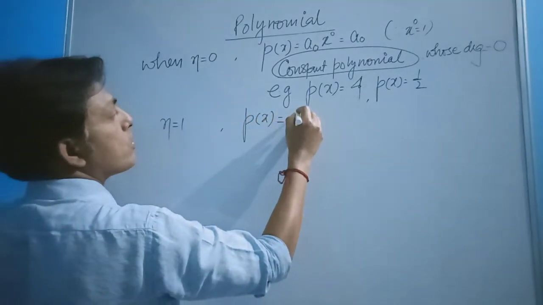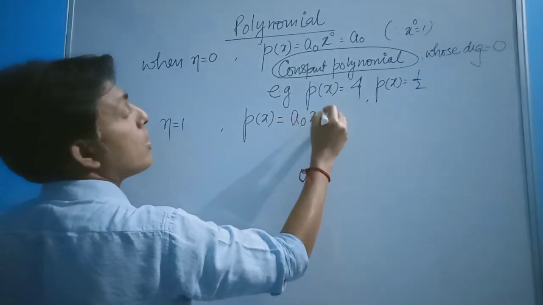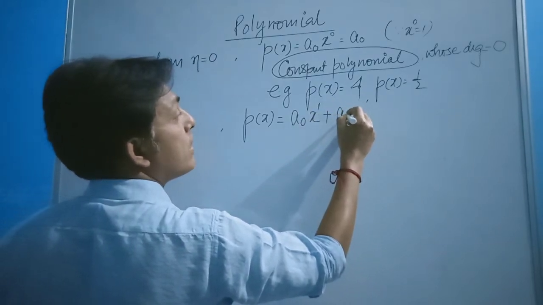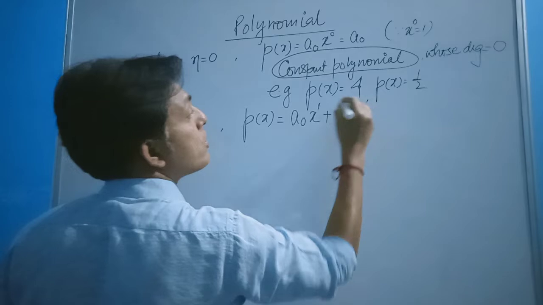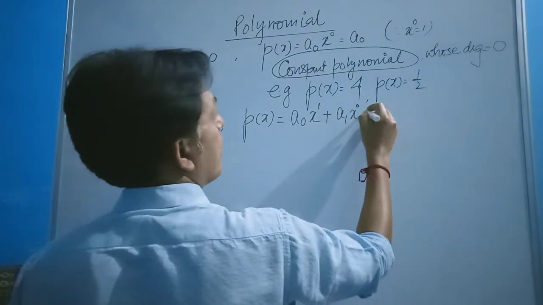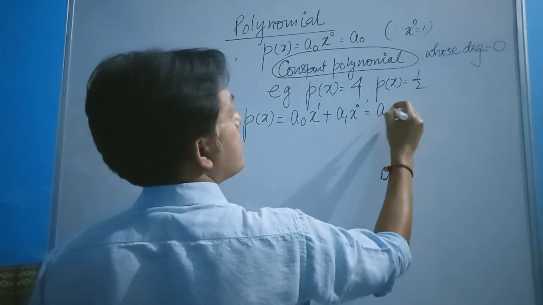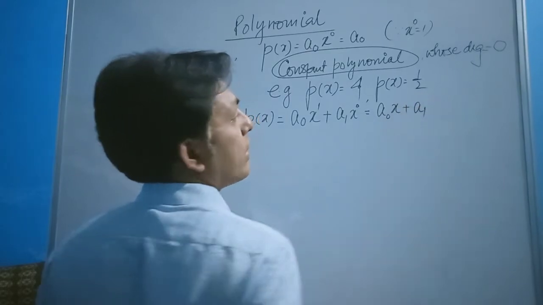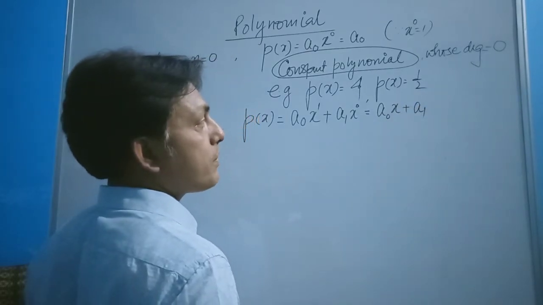Now, when n is equal to 1, px will be a0 x to the power 1 plus a1 x to the power 0. After simplification, a0 x plus a1. Correct?